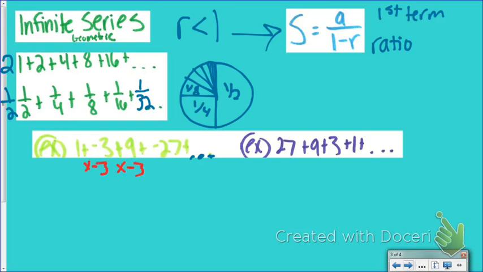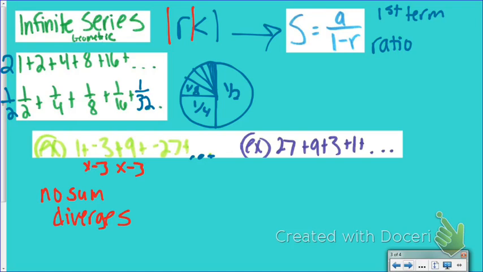And one thing, actually, something really important I forgot to add, that common ratio, the absolute value of that common ratio needs to be less than 1. So it's okay if it's negative, but the absolute value of that ratio needs to be less than 1. So the absolute value of my ratio here, which is 3, is not less than 1. So this equation, there's no sum there. There's no way we could find it. So we're going to say that that diverges.